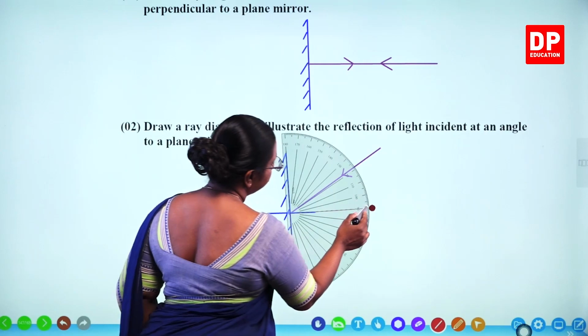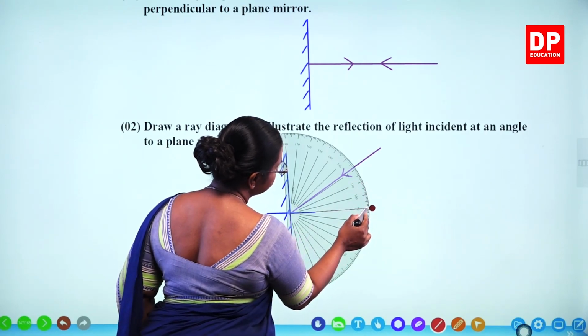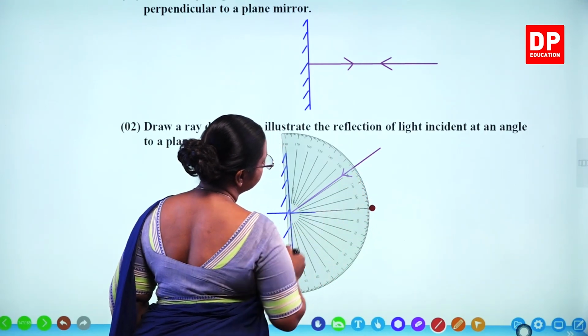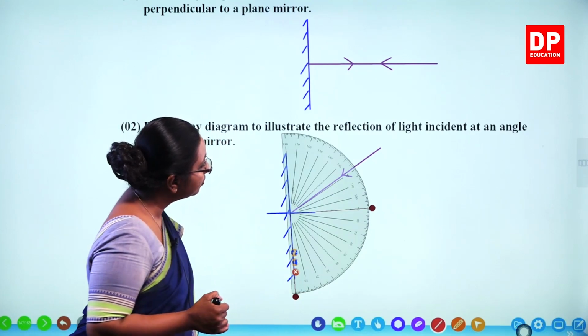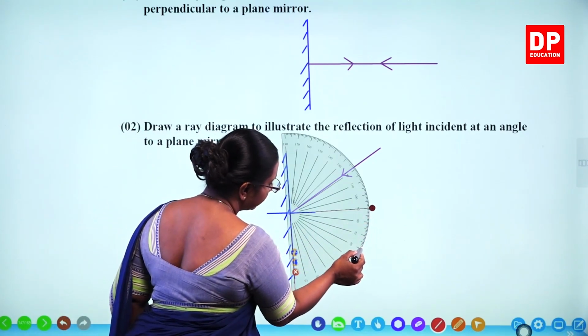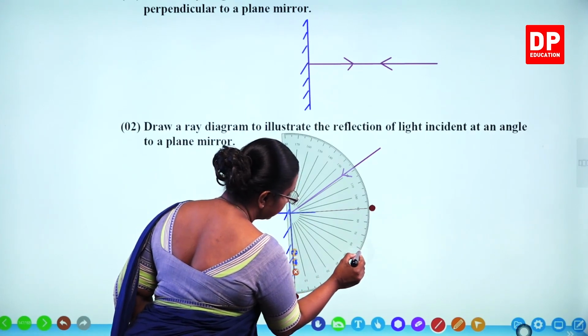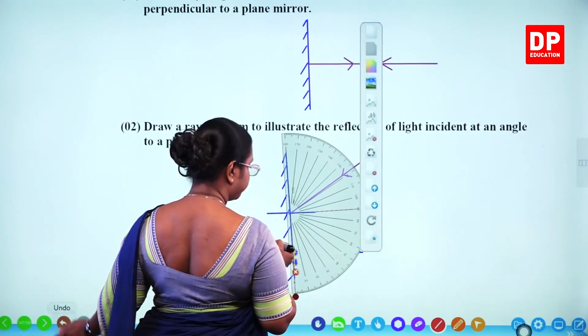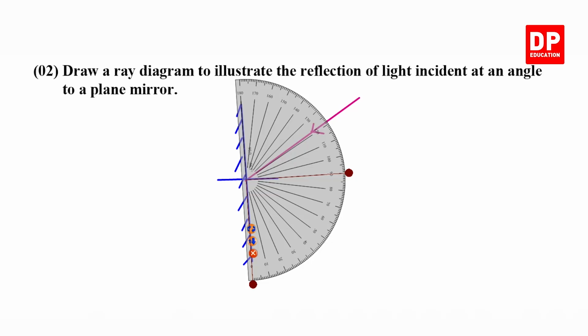So here, if we look at the angle, this is 90, 122. So that's about 32 degrees angle. The same way, if I take the angle here, 60, 62. At the 62 degrees, if I draw the reflected ray.